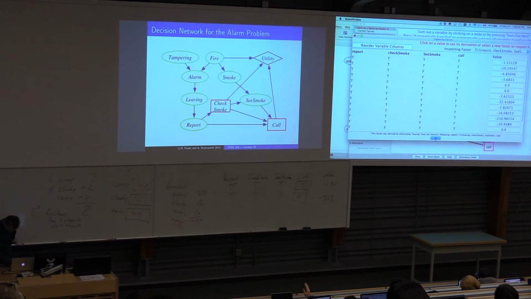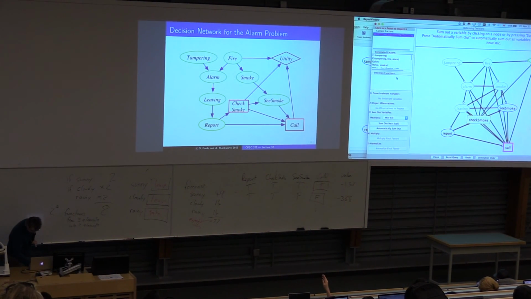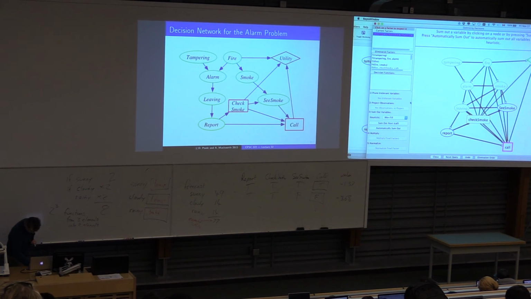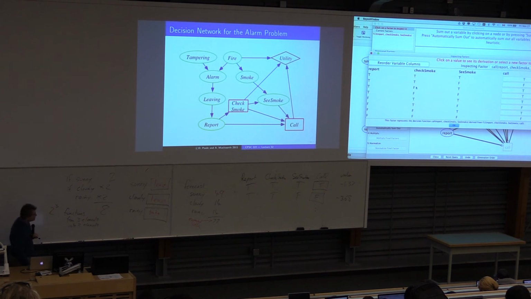So, okay, let's keep going here. I'm going to eliminate call. I'm going to end up with this decision function, which is the one we saw before. For report, check smoke, see smoke all true, we're going to call.